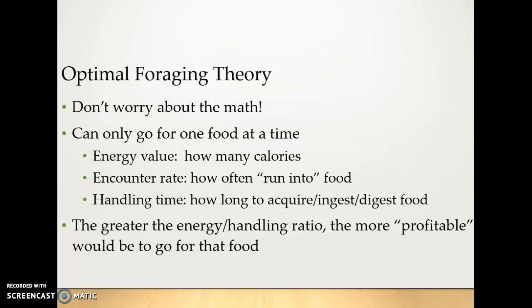Specifically, you want foods that are high in energy and low in handling time. You want foods that are going to give you a lot of energy, and you want foods that are easy to catch, easy to digest, easy to ingest, easy to get.